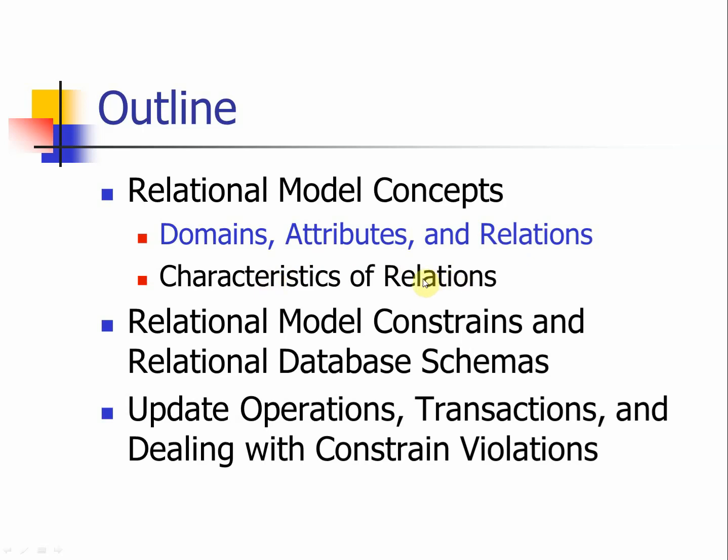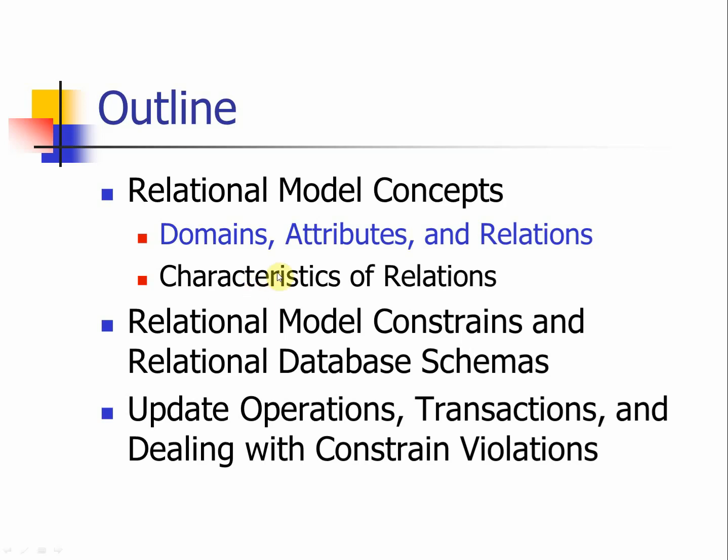Then we will look into the schemas, which is where we learn how to draw the relational schema diagram. And then we will look into the data that is stored inside the structures that we have built up. So this chapter is very important for us to really do the implementations of the database.